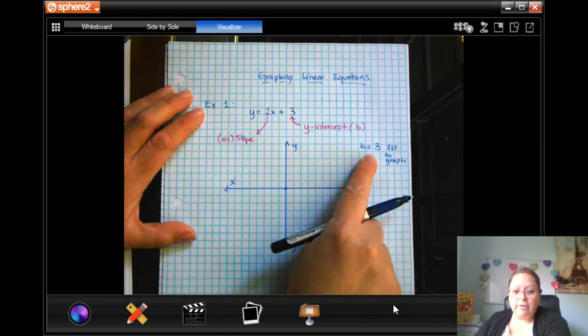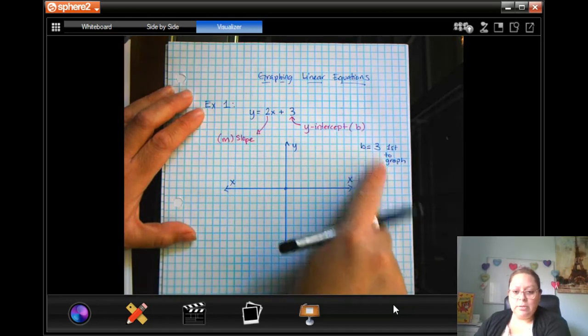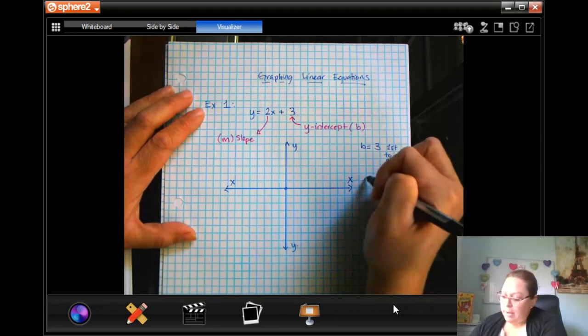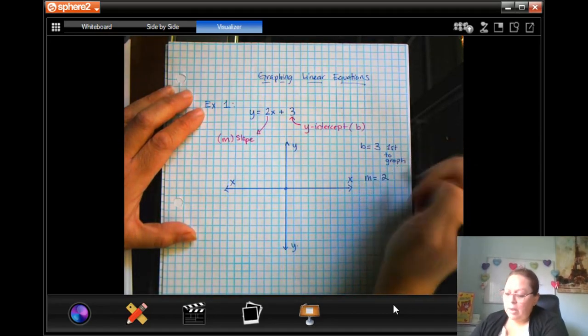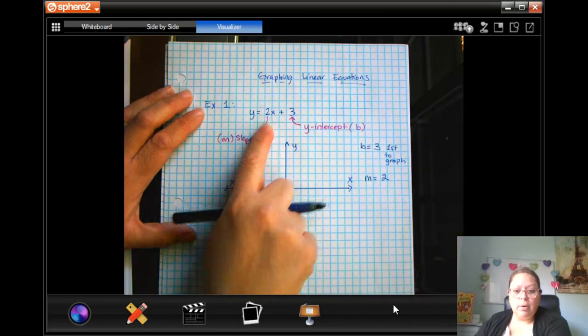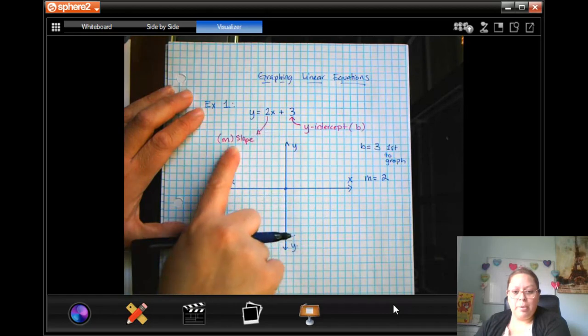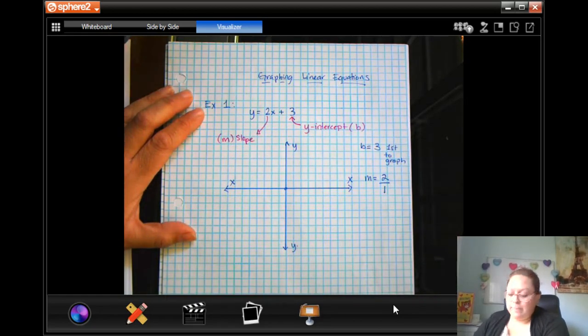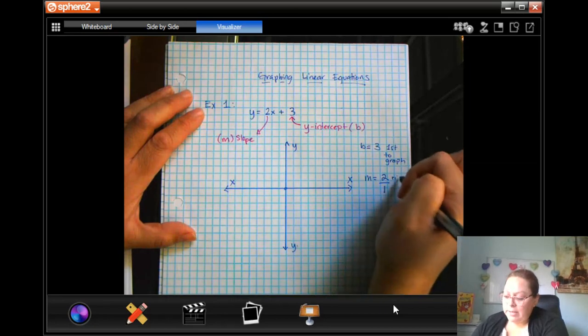So you will first graph the b equals, and then we'll graph the m, which is the slope. So m equals 2. Remember, if you have a 2 as a whole number, we want to go ahead and put it as a fraction. So you go ahead and put a 1 underneath. This will give us our rise and our run.